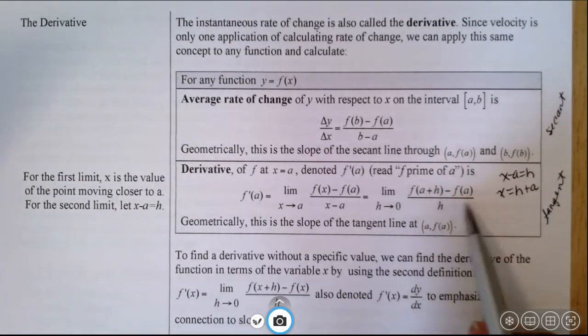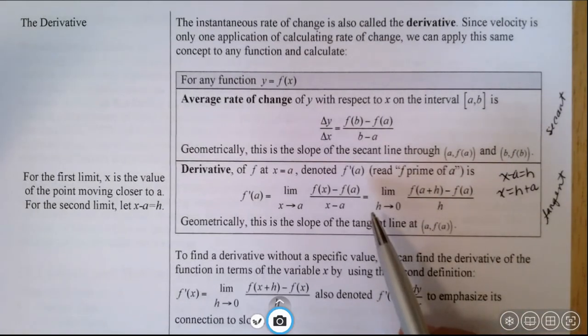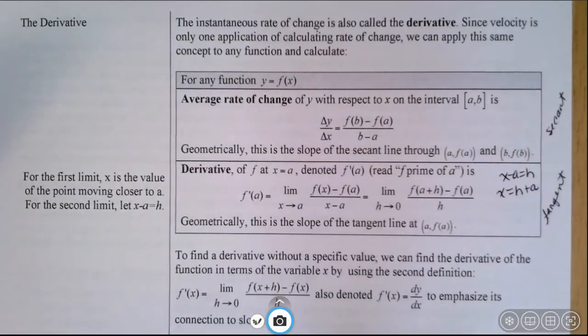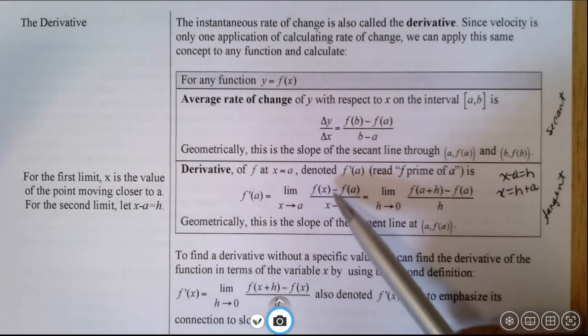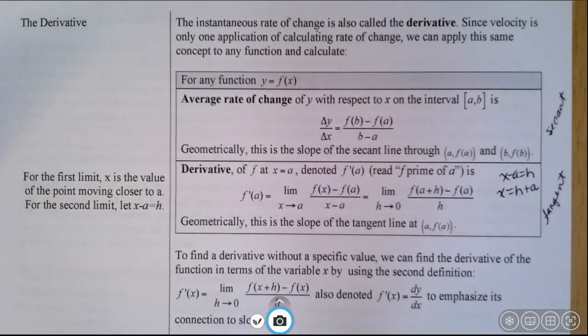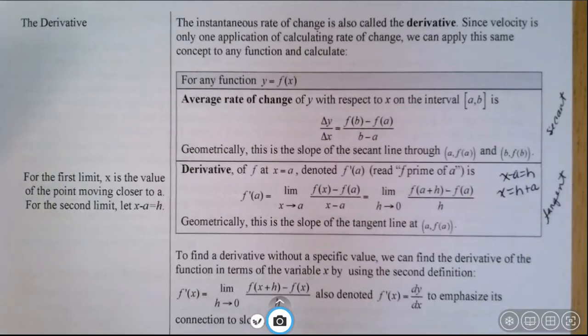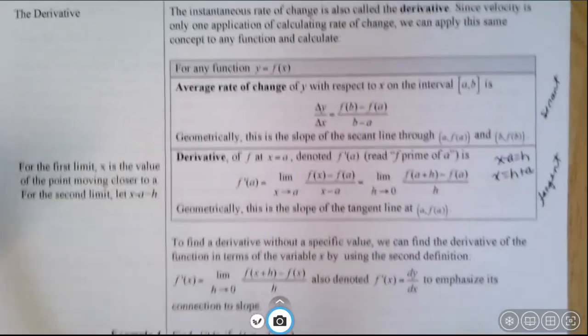And so we have another formula to find the same value, the derivative, okay? And we said that this is the slope of the tangent line. So that's why we still have y's over x, y values over x values.